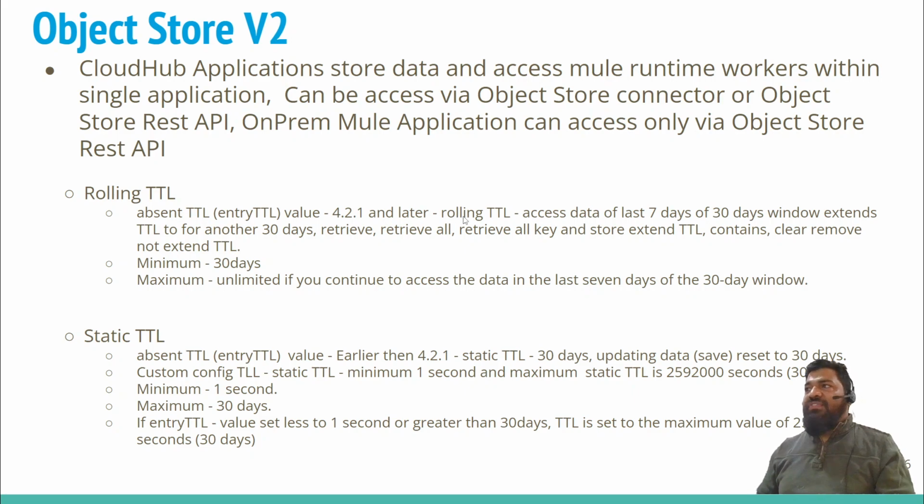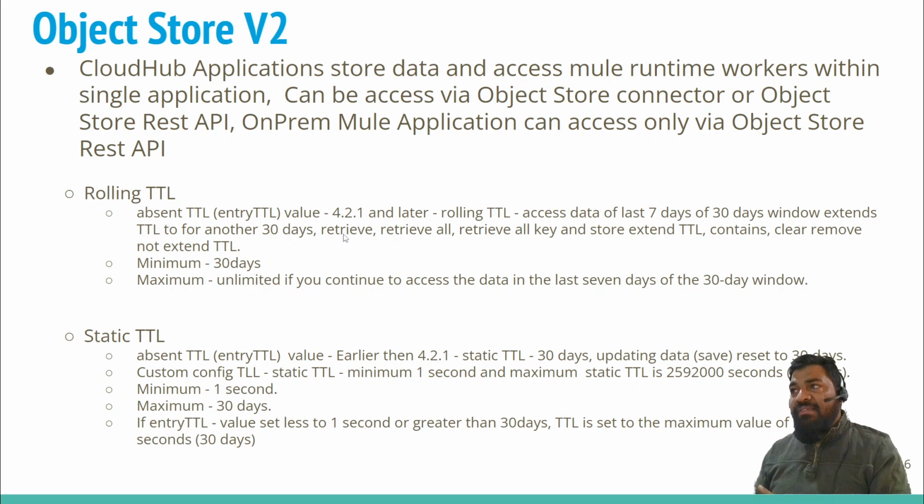If you do not access your key in the last 7 days of the 30 days, then your entry will expire and the key will be deleted. But it will not delete the key, and will extend the window by 30 days, when you access your key using some operations in the last 7 days.